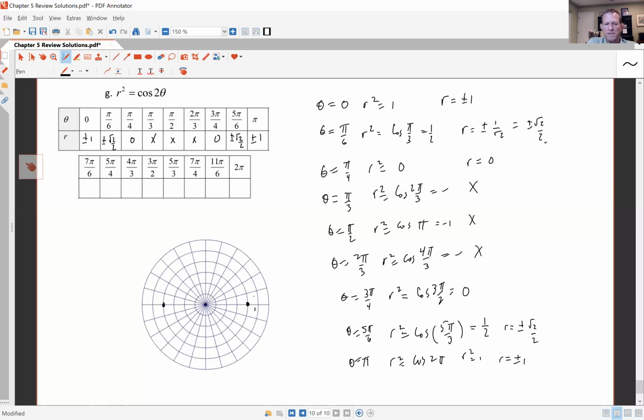With theta equals pi over 6, we got root 2 over 2, which is around 0.7. So this is 0.75, it's a little bit smaller than that. At pi over 4, we got 0. So this graph doesn't make it past that pi over 4 mark.